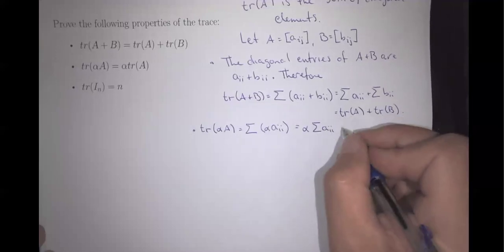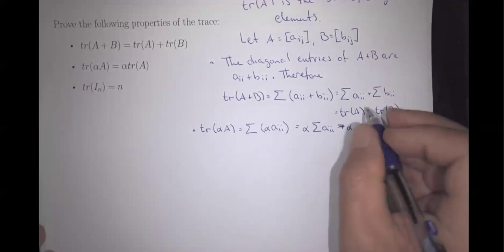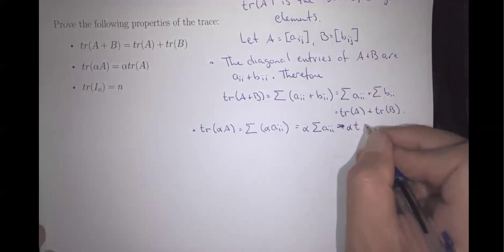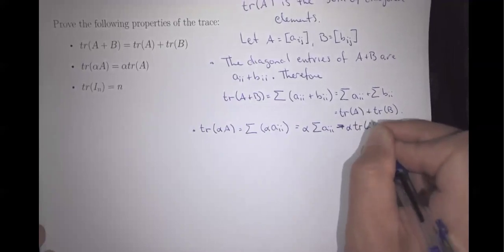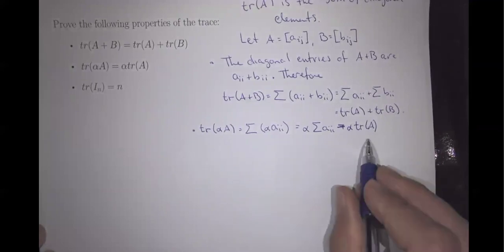The sum of the a_ii's is the trace of A, and so the trace of alpha A is equal to alpha times the trace of A.